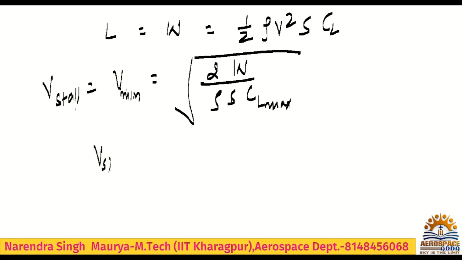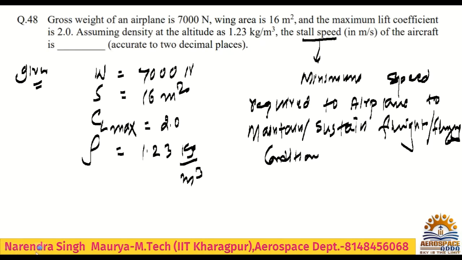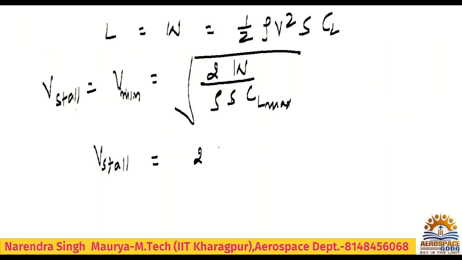All right. So you calculate this. Keep all the values: 2 into 7000, divided by rho 1.23. What is the area?